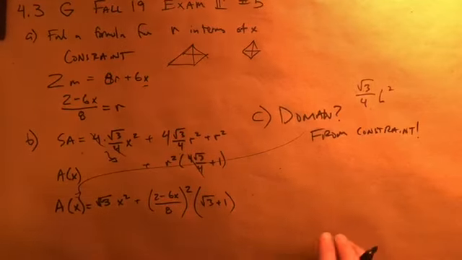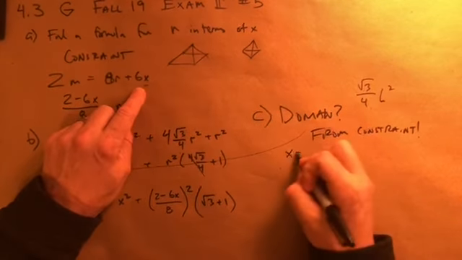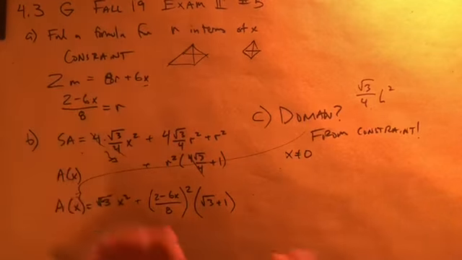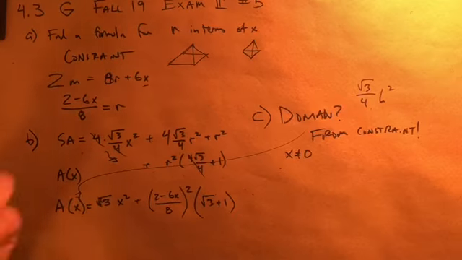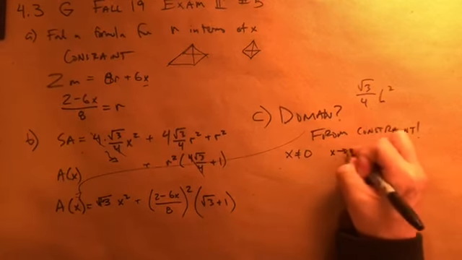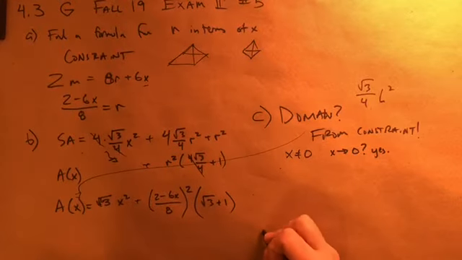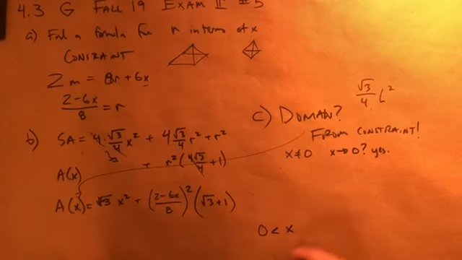So what happens here? Certainly, x cannot be equal to 0 because I need to have one of each type of pyramid. So, can x get super duper close to 0? And the answer is yes. This means that 0 less than x is our low end.